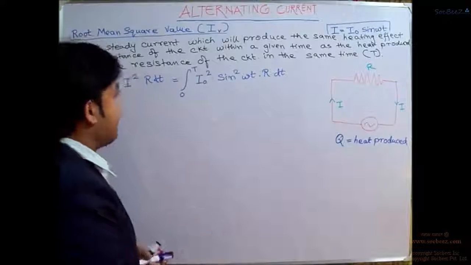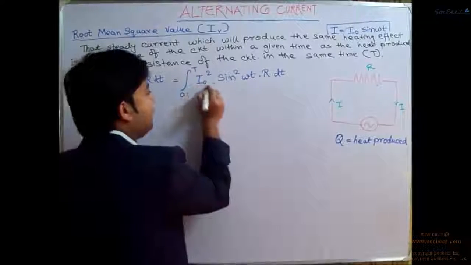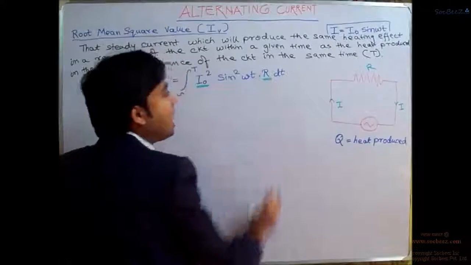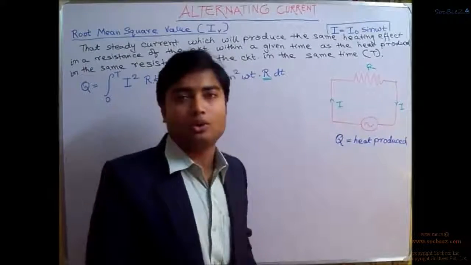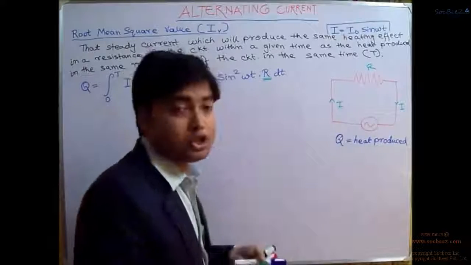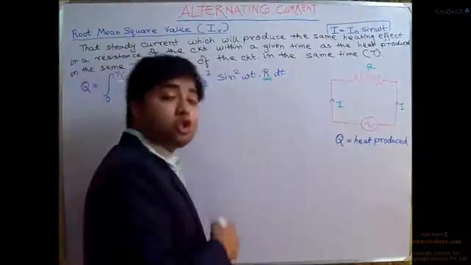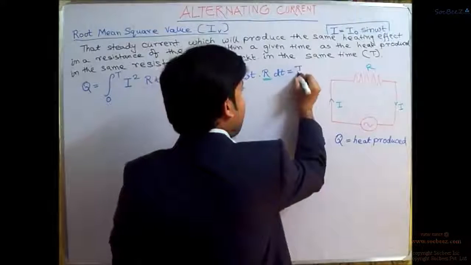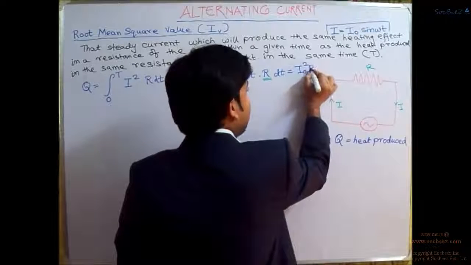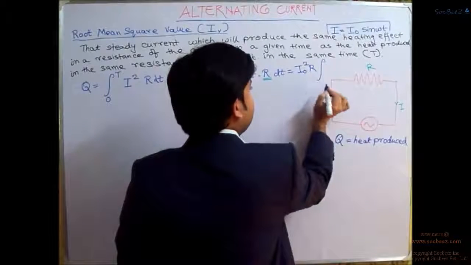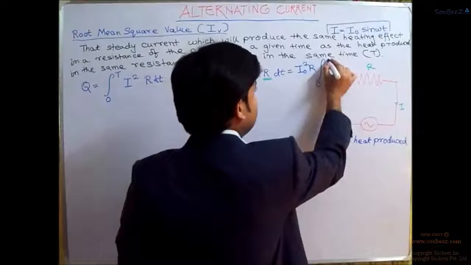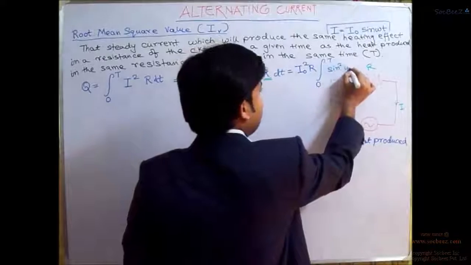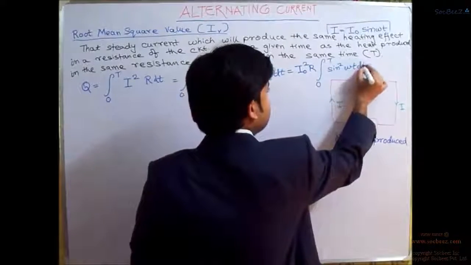Over here, this I naught is the peak value and it is a constant. Will this resistance R change with respect to time? No, this is a fixed resistance, so this is also constant and it will come out. So we can write it as I naught square multiplied by R, the integration from 0 to T of sine square omega t dt.